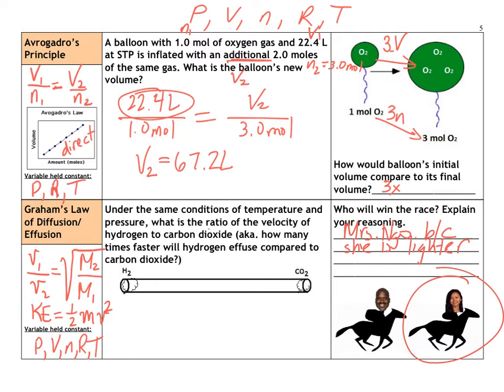And so right here it says ratio the velocity of two gases, hydrogen to carbon dioxide. So the way they ordered this, it's really saying, hey, give me the ratio of H2 to that of CO2. And so we're going to take the molar mass of CO2 on top, and of course the molar mass of H2 on the bottom.